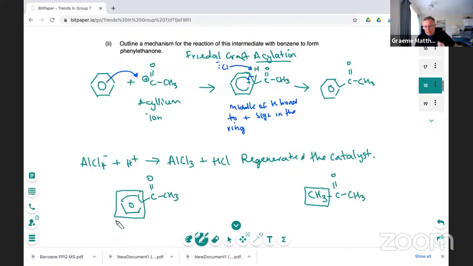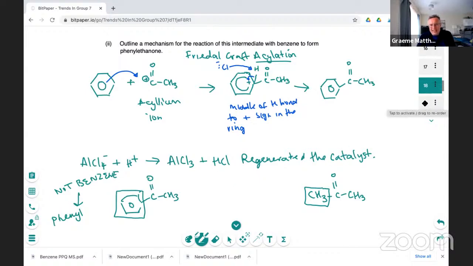It's no longer benzene, because it is attached to a carbonyl. It becomes phenol. Why? Because the carbonyl group is higher priority than benzene in the ranking of substituent groups. So this was this one.